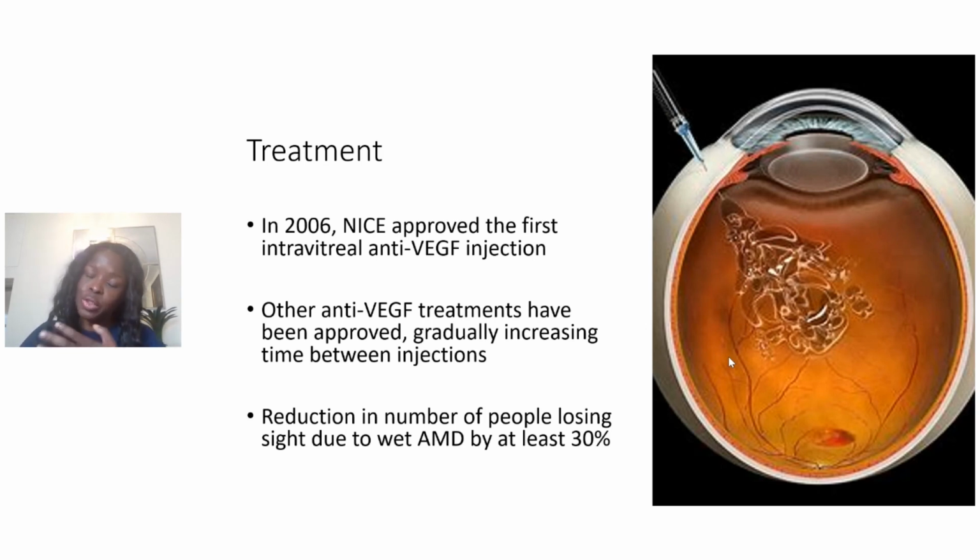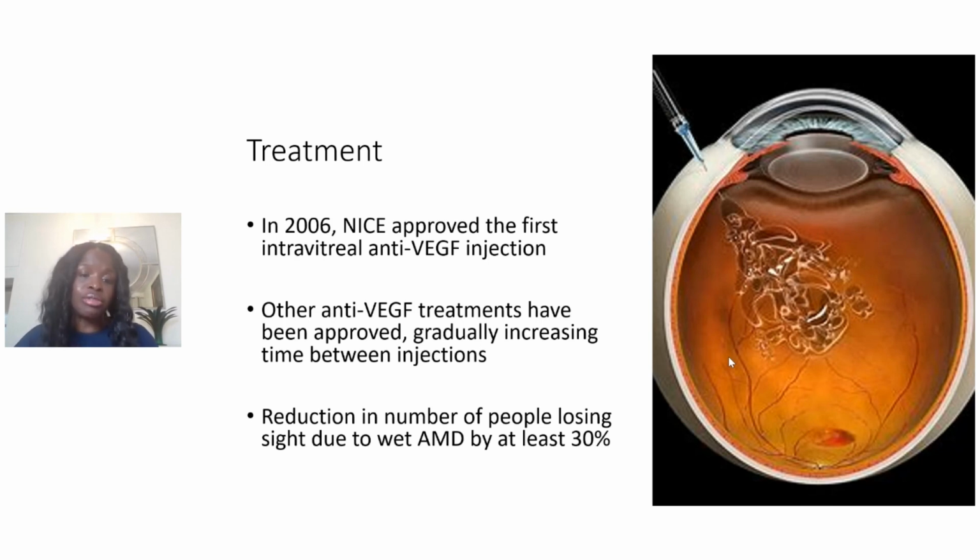Between 2006 and now, we've had many more similar anti-VEGF treatments approved, but with even more effectiveness, such that whilst we used to have to give treatments every month, these days the treatments last either every other month or every 3 months or every 4 months, depending on the eye.